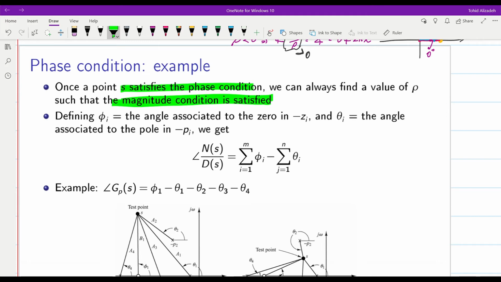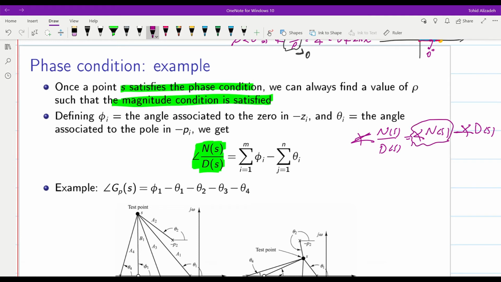For the phase condition, we have the phase of n over d. We can define it. Phase of n over d indeed could be written in the form of phase of n, which is numerator, minus phase of d. And then phase of n, so n of s indeed gives us the zeros of the system.